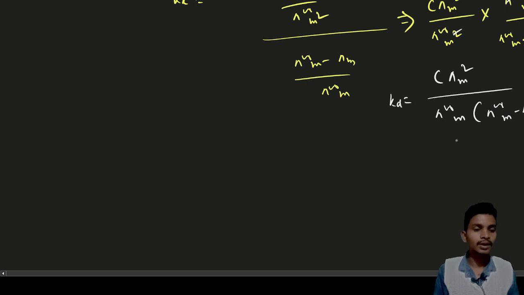So if you plot that graph, what will you do? Yes, so let's assume that Kd is a constant value.